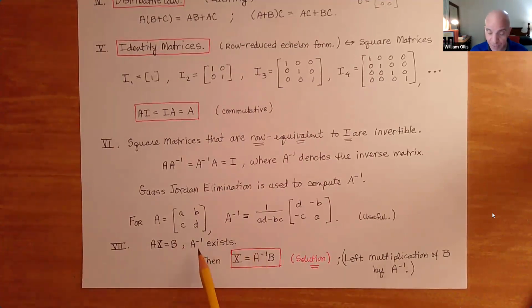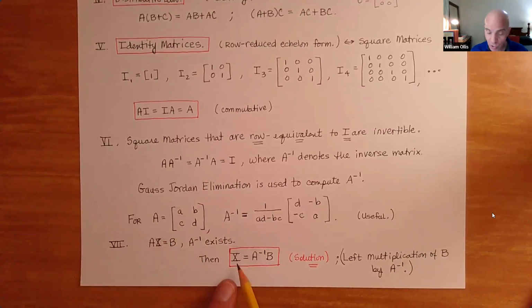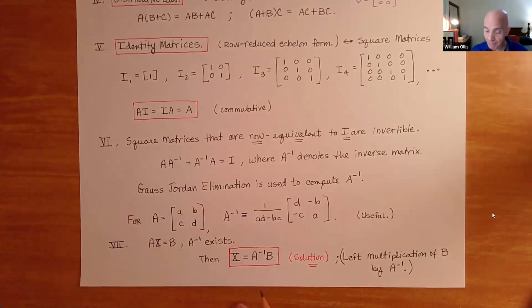Now, of course, if the inverse exists, you can actually left multiply, as we've done here, by the inverse of A, and then get an equation x equals A inverse times matrix B. Notice I've written left multiplication of B by A inverse, and that will give you the actual coordinates of the solution vector. Now, of course, this is very limited.